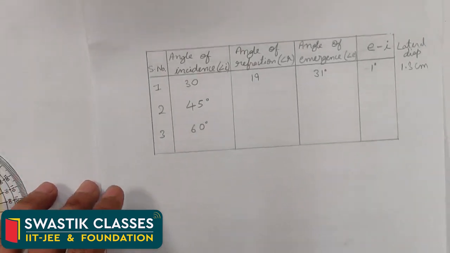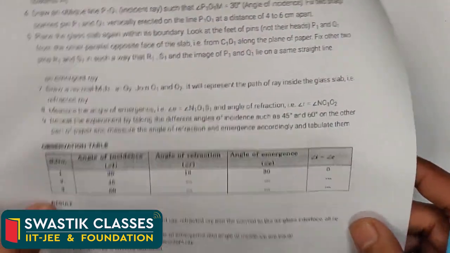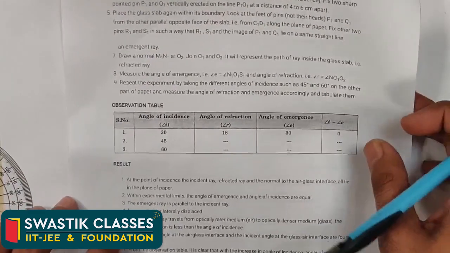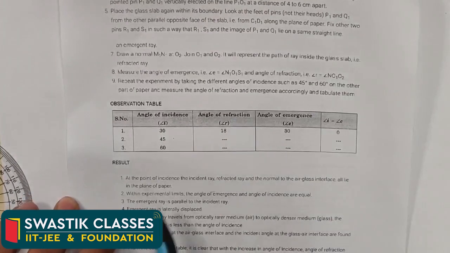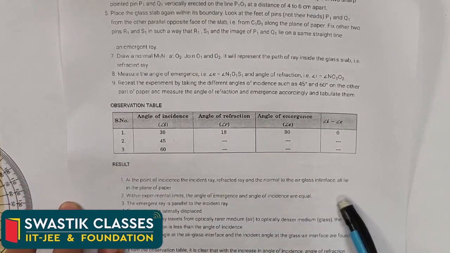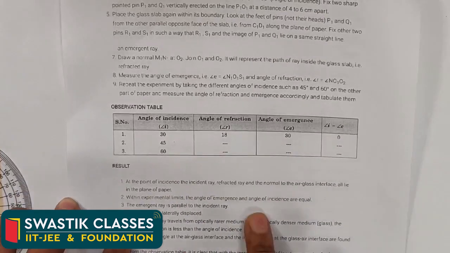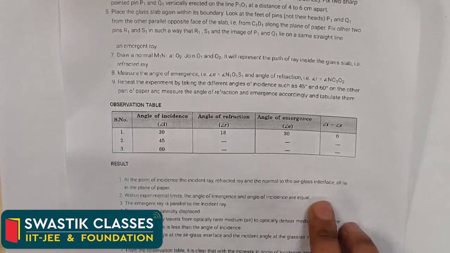Then we'll write the result. The result of this experiment is that at the point of incidence, the incident ray, refracted ray and the normal of the air-glass interface all lie in the same plane, and the angle of incidence and angle of emergence are nearly equal.